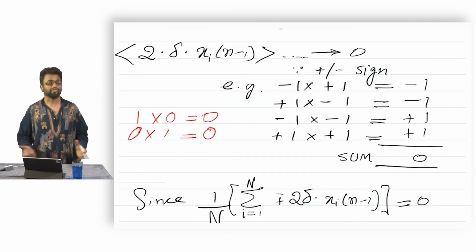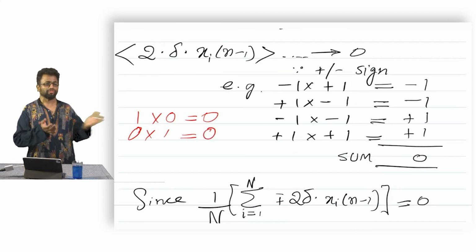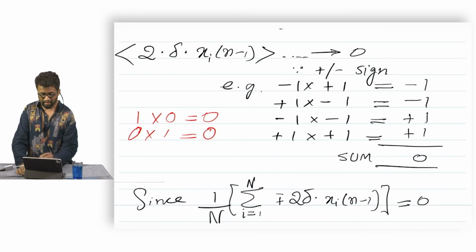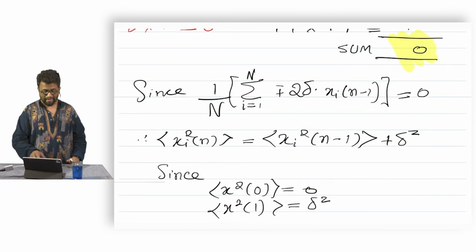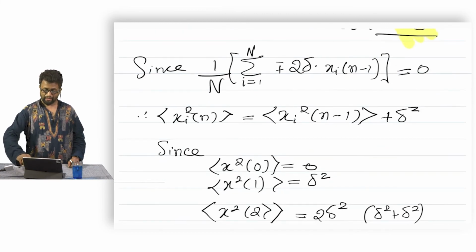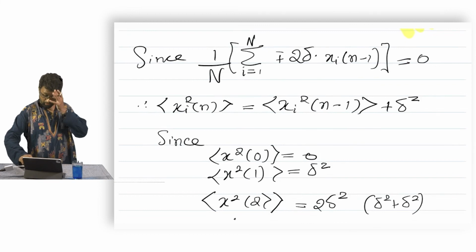All of these therefore sum to 0. If you want to take an average, you sum and divide by the total number, and the answer still remains 0, right. So as a result we can ignore that, and we say that this sum 1 by n into summation of 2 plus minus delta into x_i(n-1) is equal to 0.